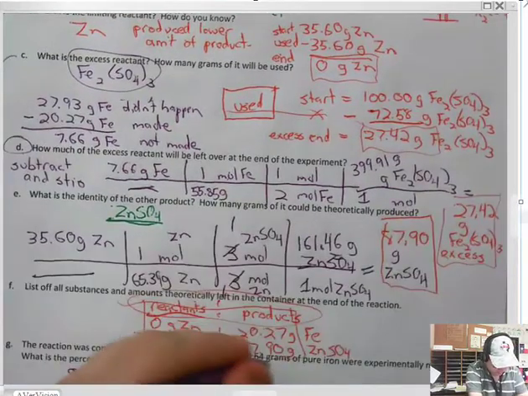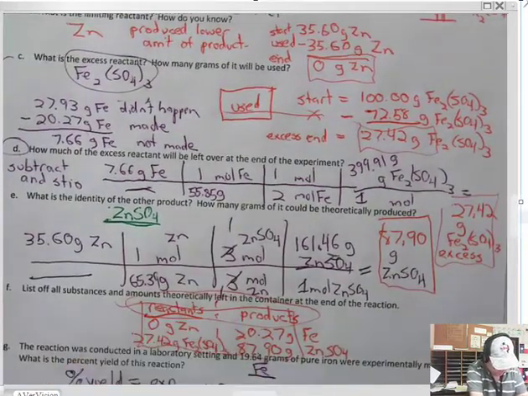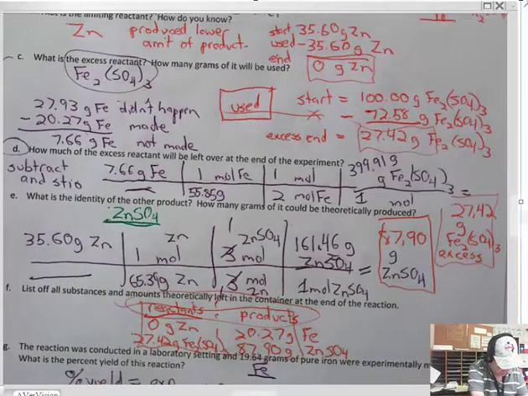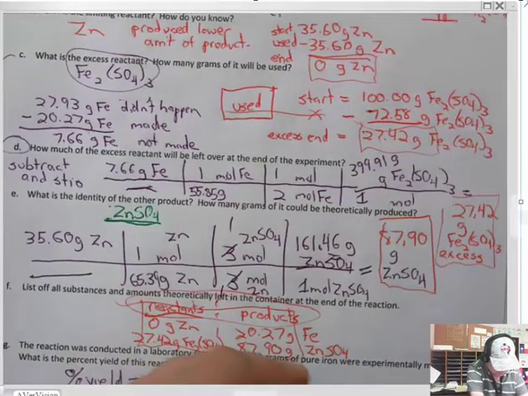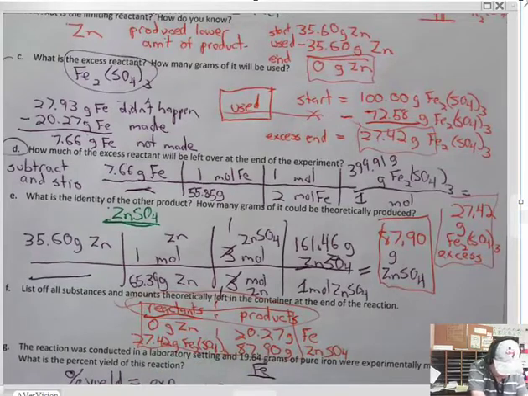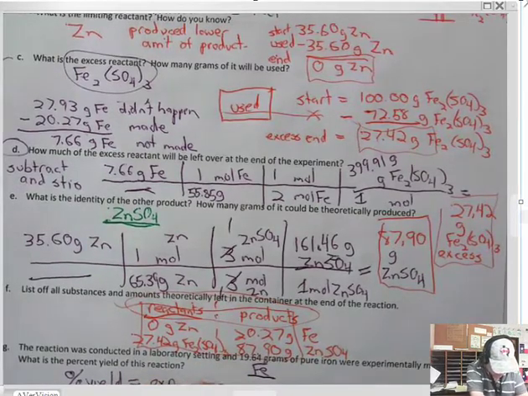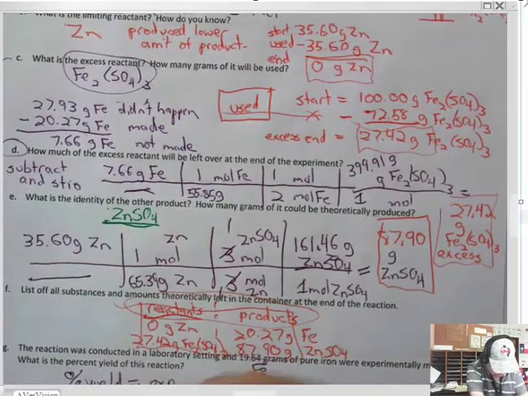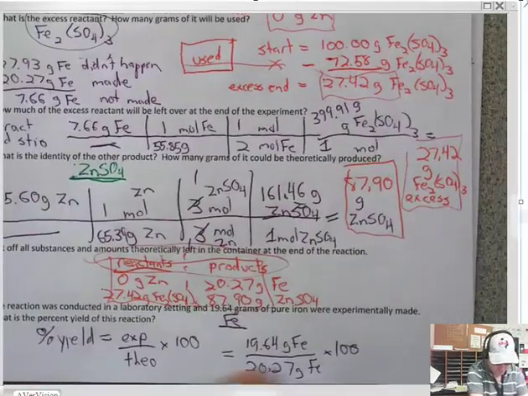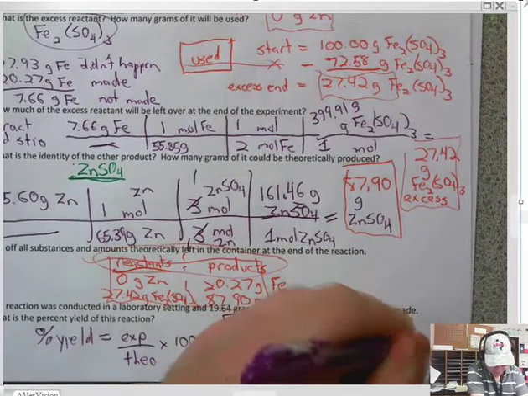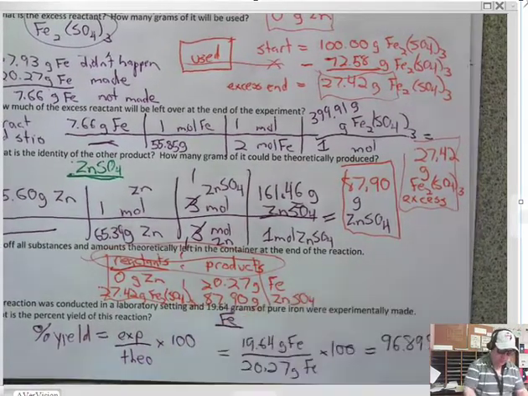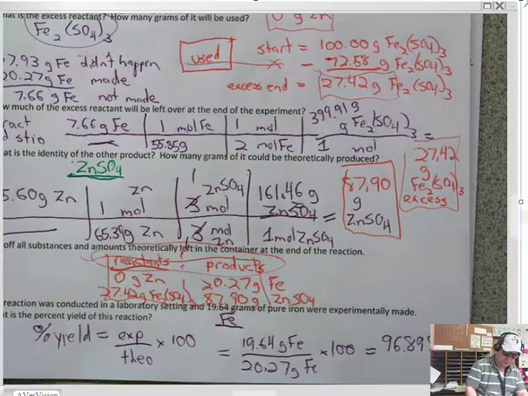Since we are doing iron here, the experimental is 19.64 grams of iron over 20.27 grams of iron times 100, which equals 96.89% yield for your reaction.